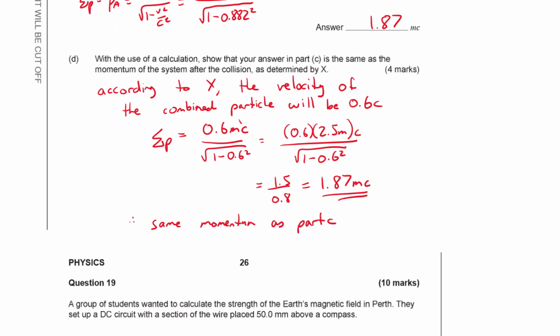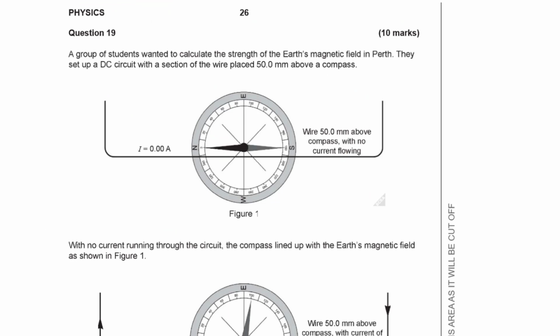And there we go. Okay, so in question 19, what you've got is a compass, which is effectively detecting the Earth's magnetic field, and then what you do is you generate another magnetic field to add on top of that, using a current-carrying conductor.